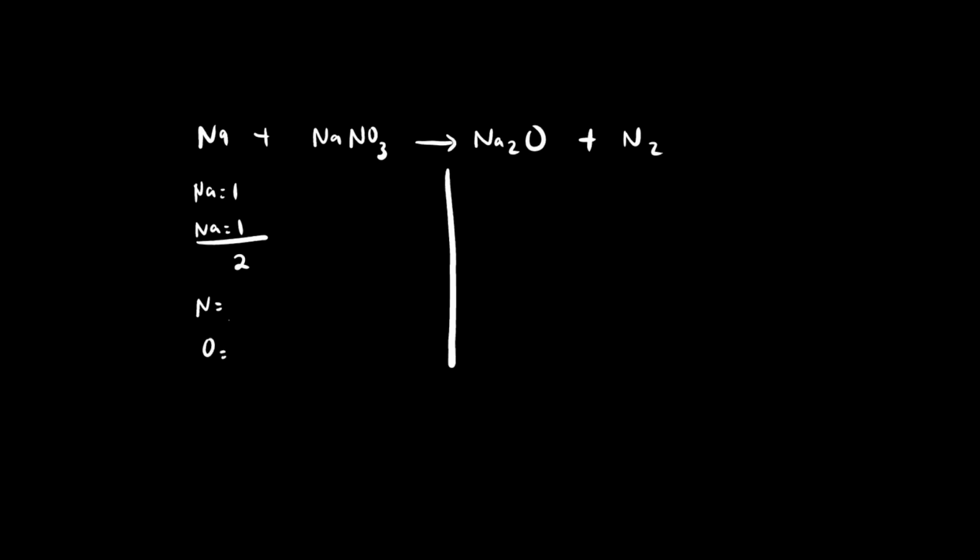So on the left hand side, we have 1 nitrogen and 3 oxygen. On the right hand side, we have 2 sodium, 2 nitrogen, and 1 oxygen. The sodium is already balanced, nothing to do for that.